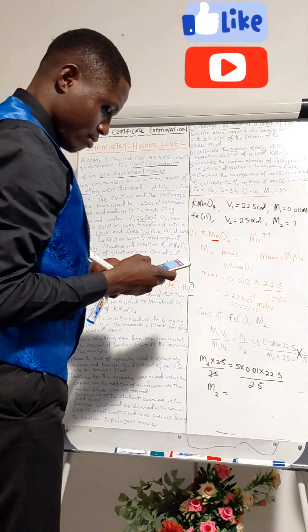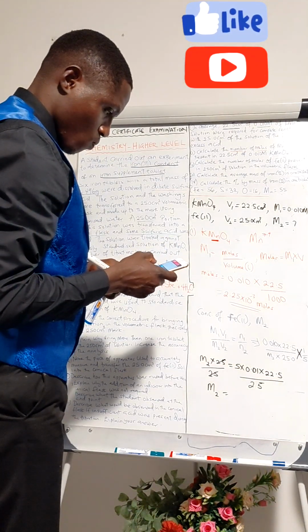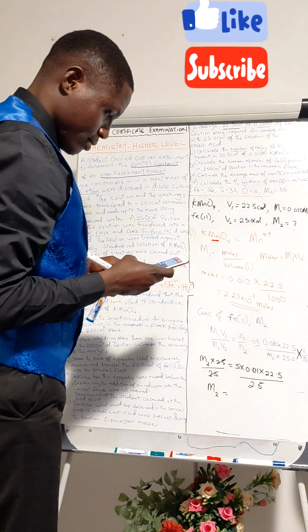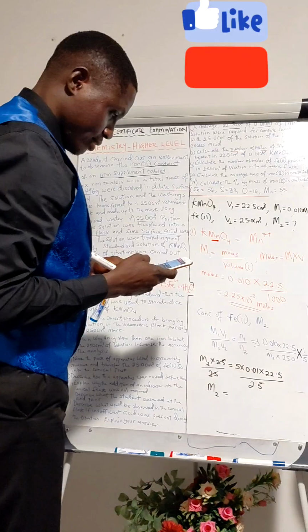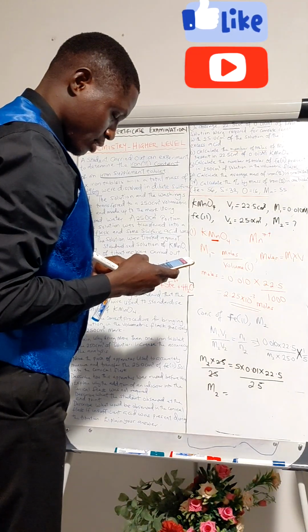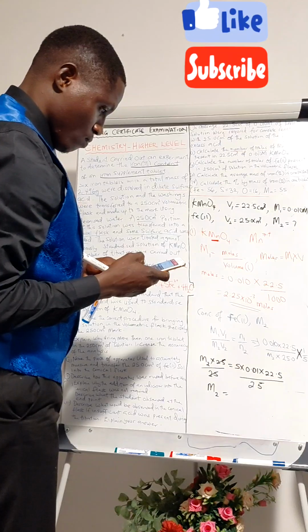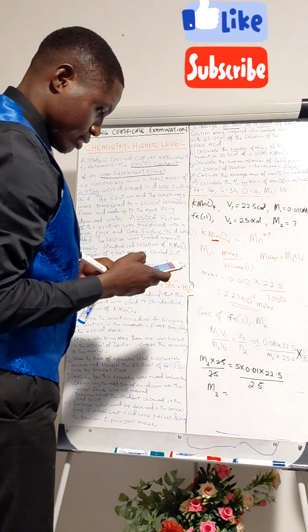So we have 5 times 0.01 times 22.5 divided by 25.